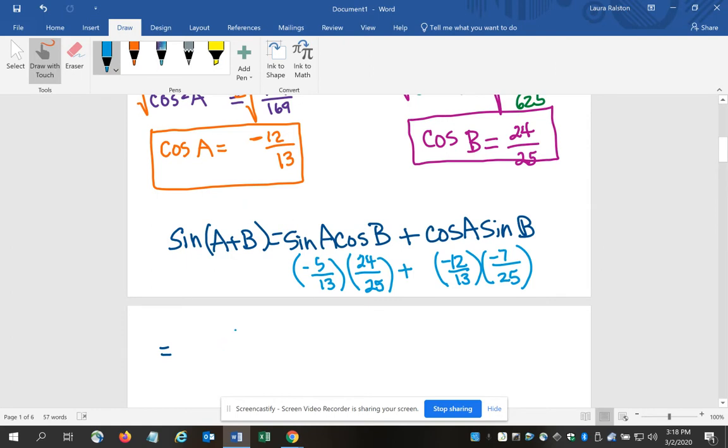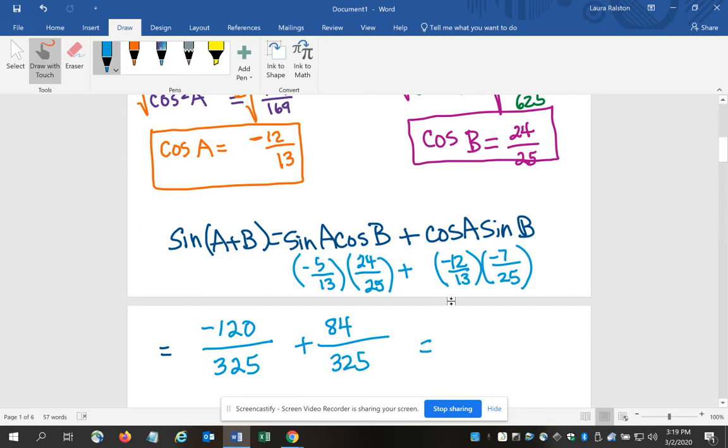Okay, and then I'm going to do the math. Remember, when you multiply fractions, you multiply the numerators, you multiply the denominators. So negative 5 times 24 would be negative 120 over 13 times 25, which is 325, plus negative 12 times negative 7 is positive 84 over 13 times 25, which we already determined to be 325.